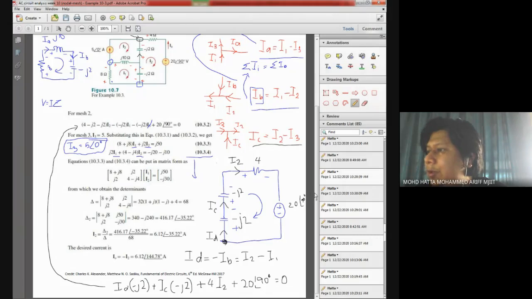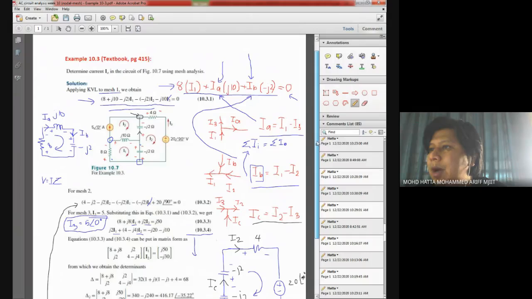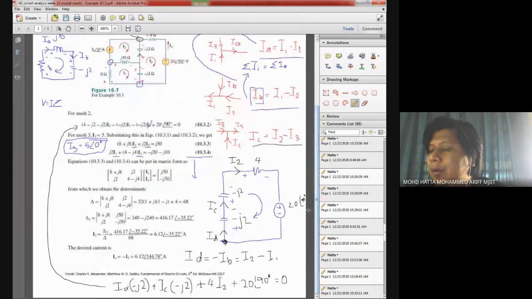We go back to the question. The question asks about IO, and we know that IO is given by negative I2. Since solving these two unknown parameters, we also solve I2. So here, just take the negative value of I2 for us to solve the value of IO.